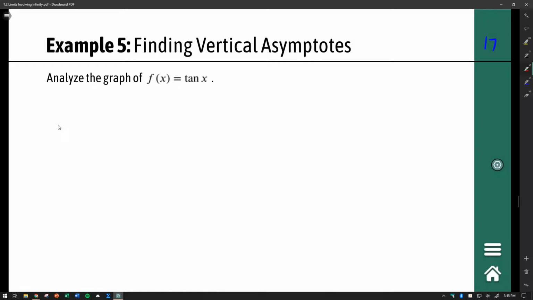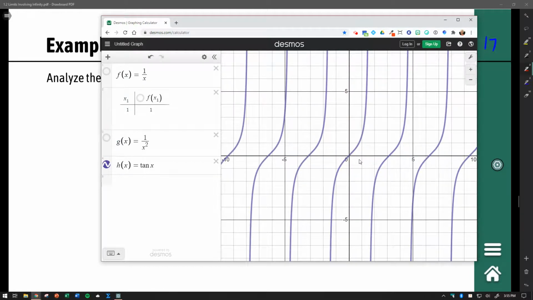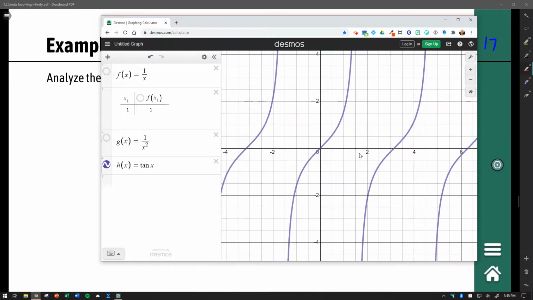Okay, one more. Let's analyze the graph of f of x equals tangent of x. So back to Desmos. Whoa, we got a lot going on here. There are a lot of vertical asymptotes on this graph of tangent of x. If we zoom in a little bit, this would be pi, so then this would be 0, and this would be another pi.